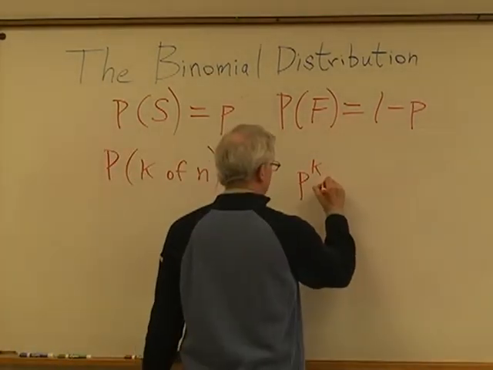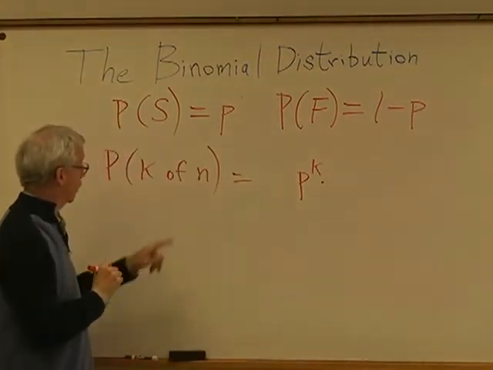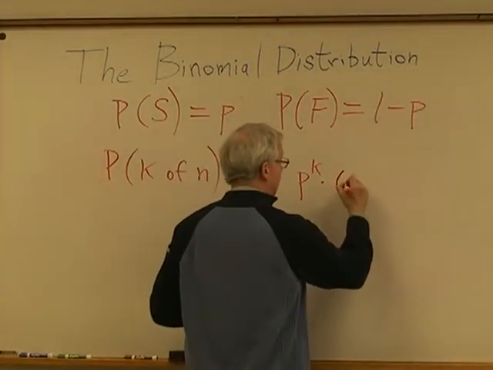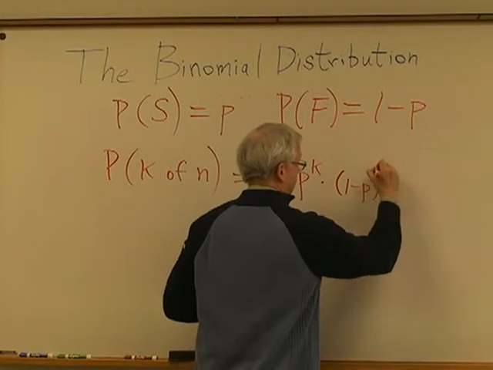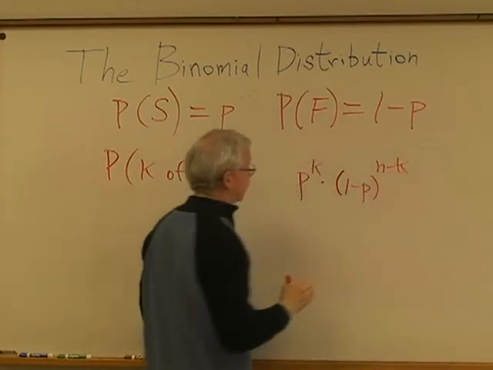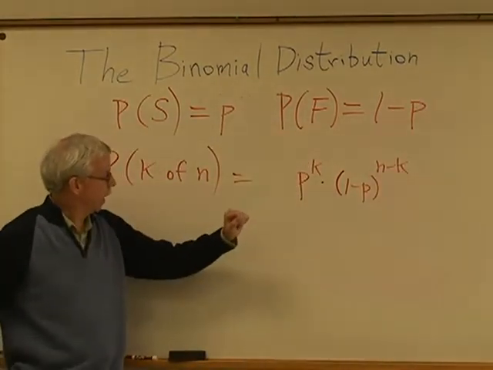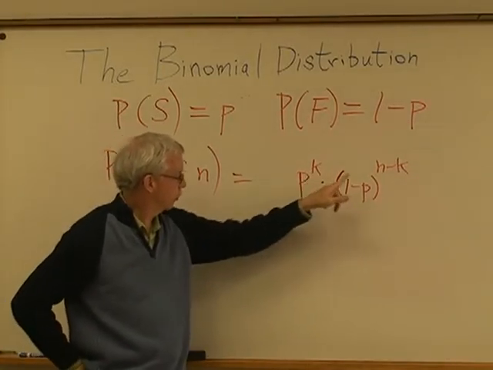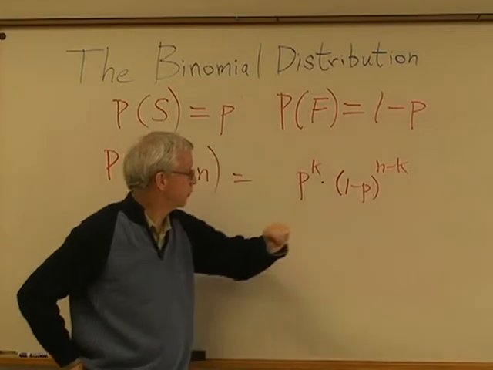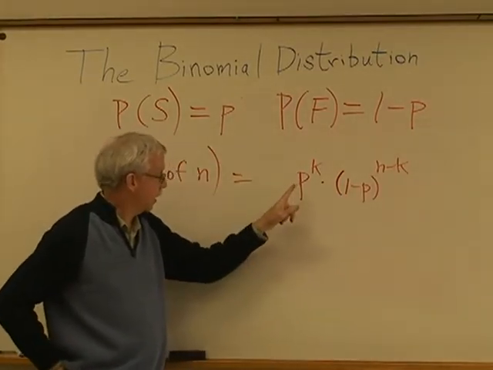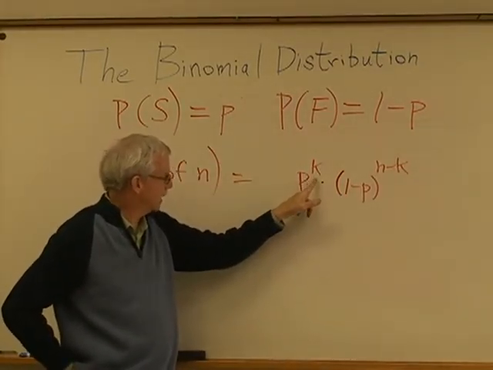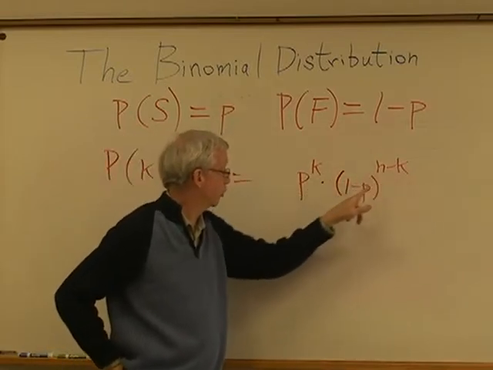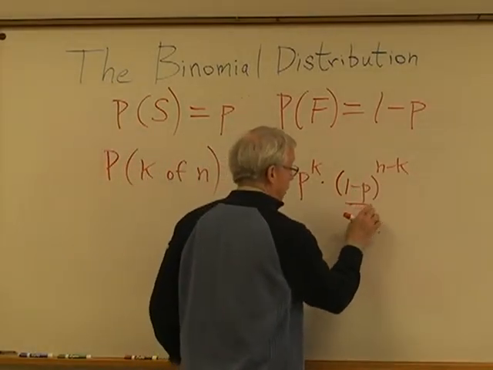So then I multiply by the probability of failure raised to the number of failures. Well, the number of failures is going to be n minus k, because I tried n times. So if I try 20 times and I am looking for 5 successes, then there must have been 15 failures. If I try 20 times and I'm looking for 16 successes, there must have been 4 failures. And this is simply the probability of failure.